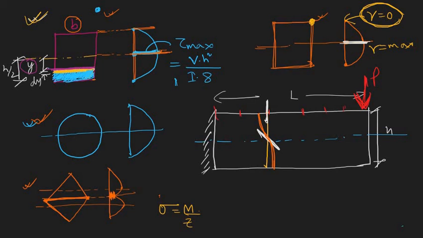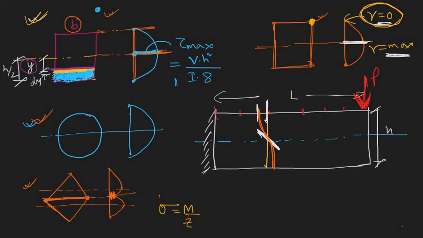Thus at the edges, the strain is 0. Here you can see that the slope is 0, so strain is 0. But at the neutral axis the slope is maximum, so gamma is maximum. Sorry, your stress is also maximum.